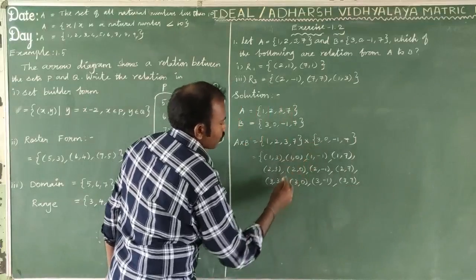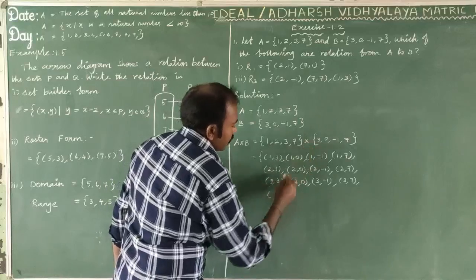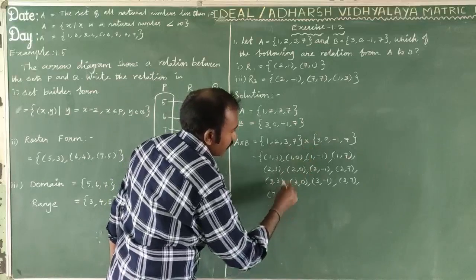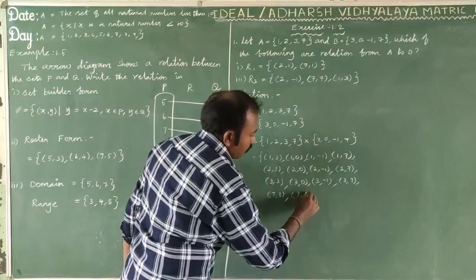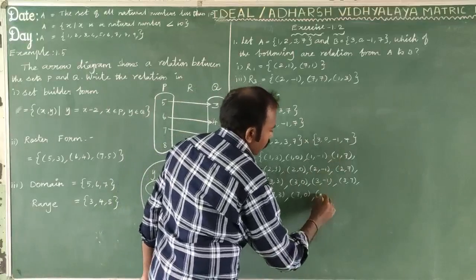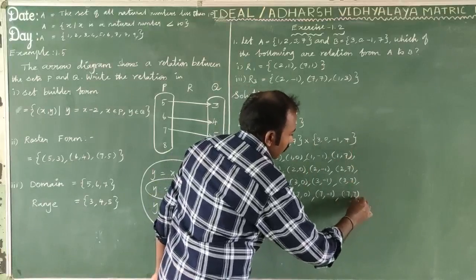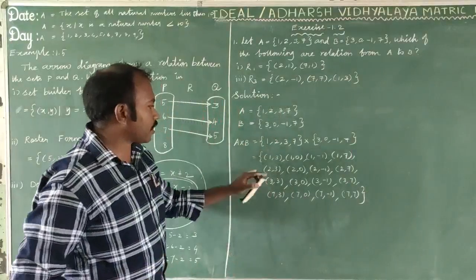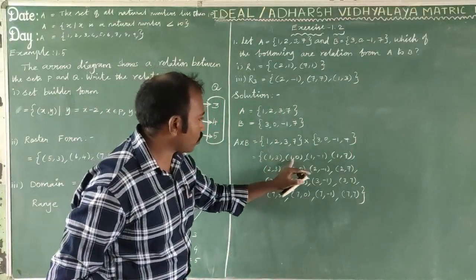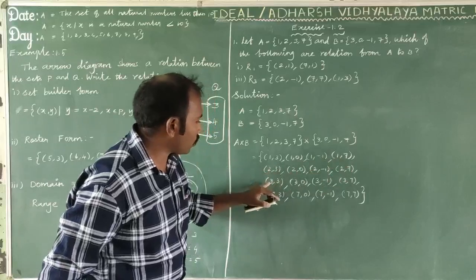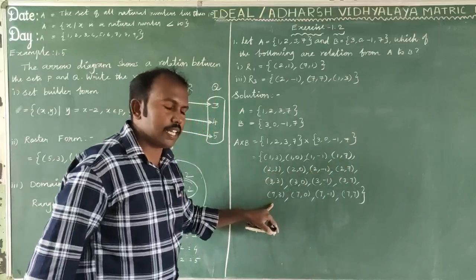Next (7, 3), (7, 0), (7, minus 1), (7, 7). That's all. Here n of A cross B is equal to 16 elements.